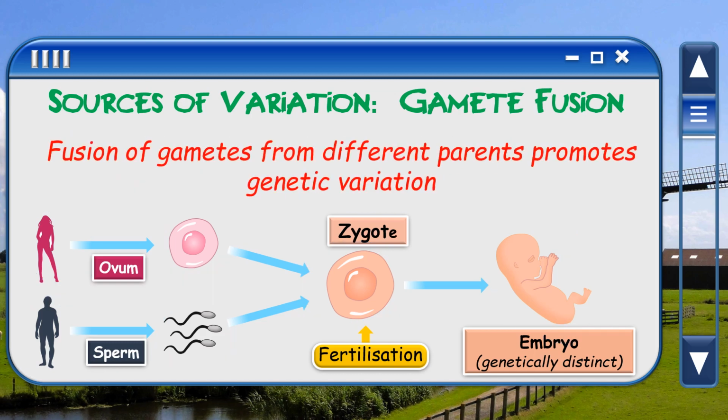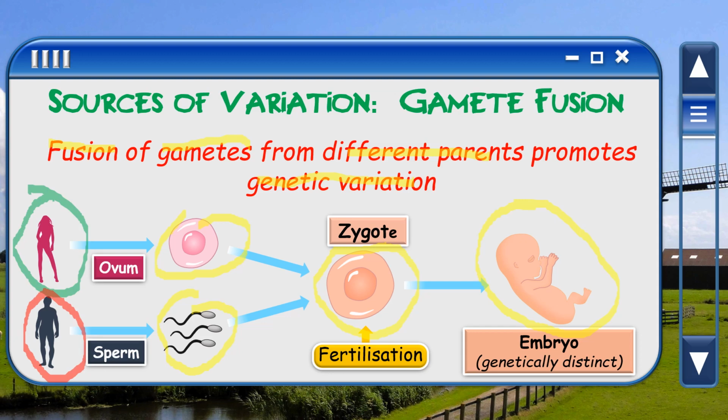The fusion of gametes from different parents promotes genetic variation. Because there has been fusion of gametes from different parents and fertilization has taken place, it is going to bring about variation, meaning that the offspring is going to be different from either parent.